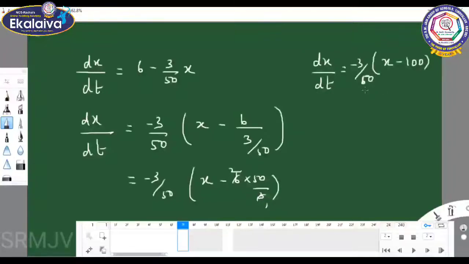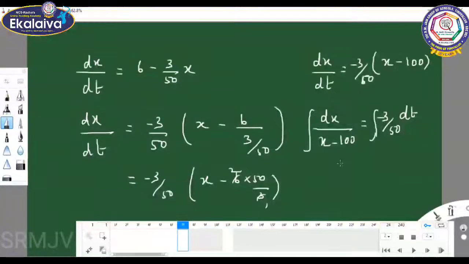By variable separable method, dx by x minus 100 equal to minus 3 by 50 into dt. Integrating on both the sides, what is the value for this?